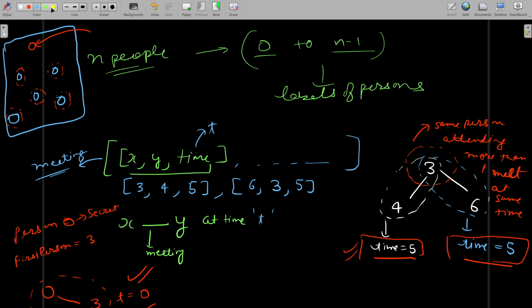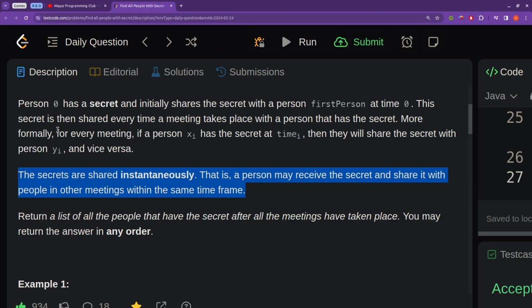Okay, someone from outside, so it was a secret holder. Then he told the secret when the meeting just began to this person, and he will announce and everybody will hear the secret. So this is what this particular statement means.